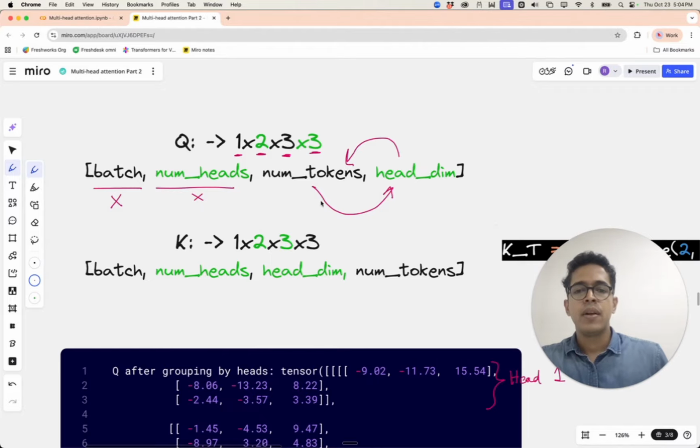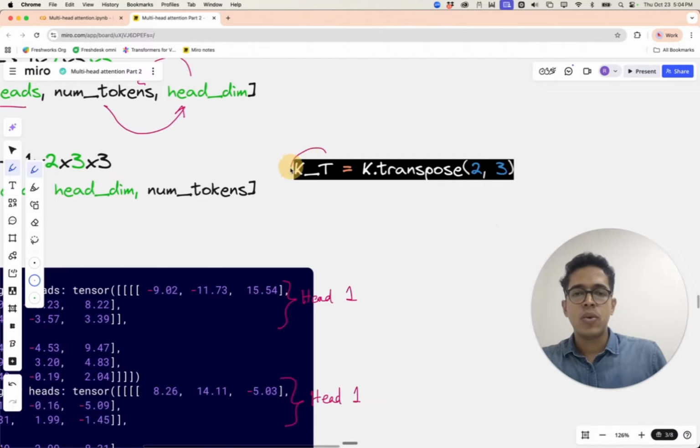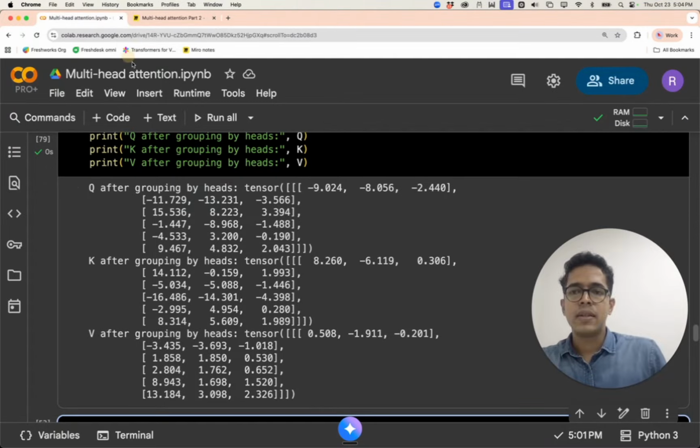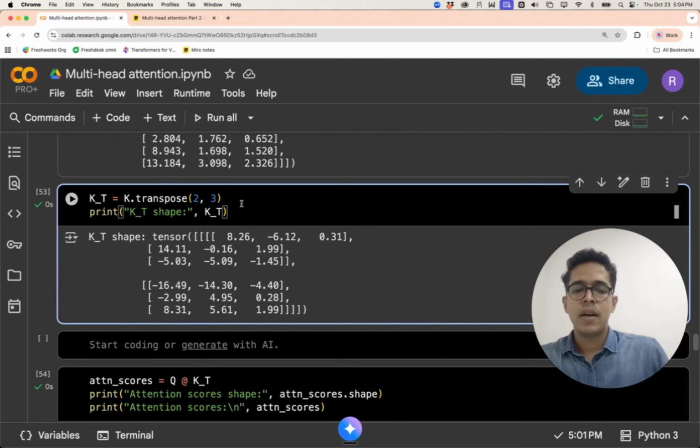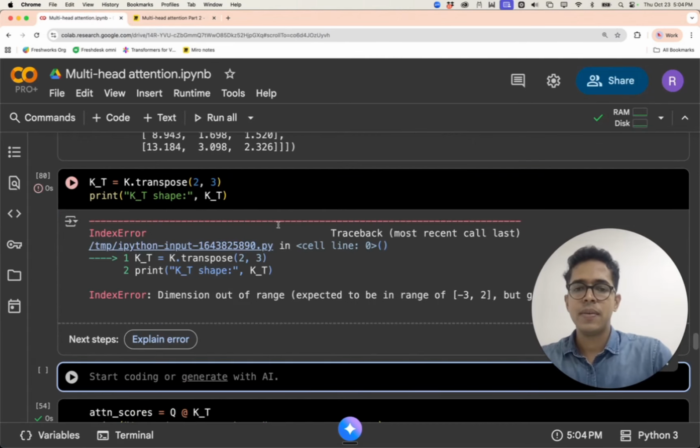And what are these dimensions? 0, 1, 2, 3. So basically you have to take key and transpose such that the transpose happens along dimensions 2 and 3. So you can simply say k underscore t, which is the transpose of key, is k dot transpose of 2, 3. So that is also fairly easy. Just 1 line, 2 lines of implementation.